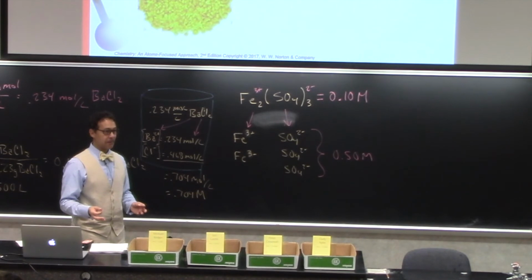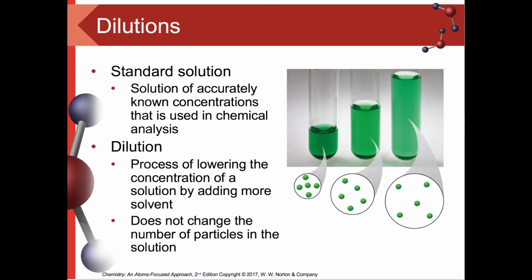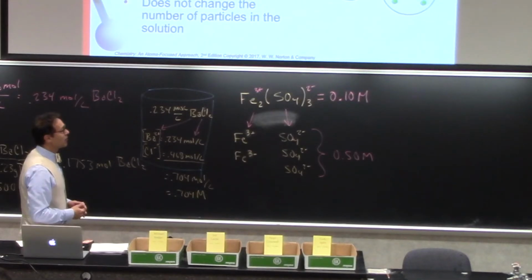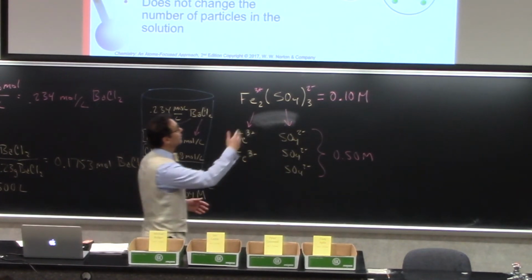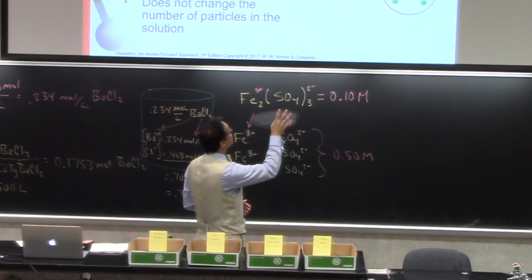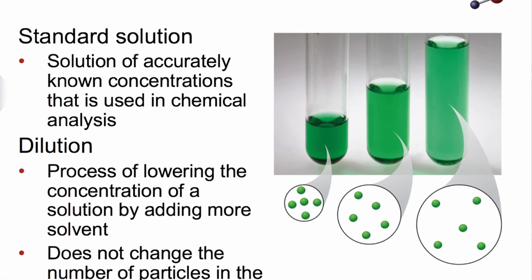Okay. All right. Now, making these solutions, we can also make dilutions. A dilution is where you just add more of the solvent, and typically this is water. And this doesn't change the number of particles that are there. For example, in this slide we've got these test tubes, and there's 5 different green particles floating around.